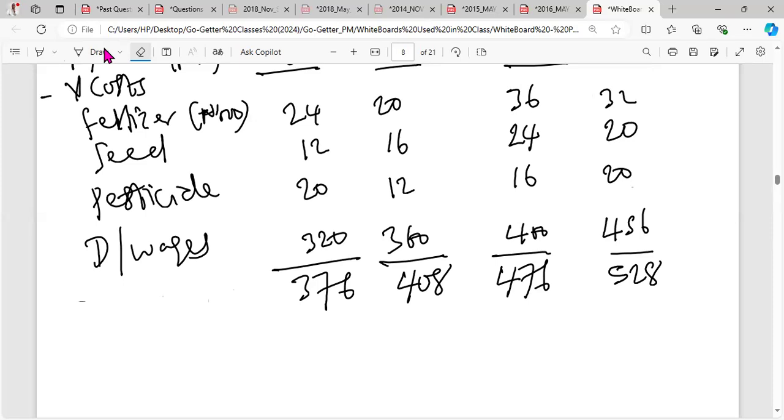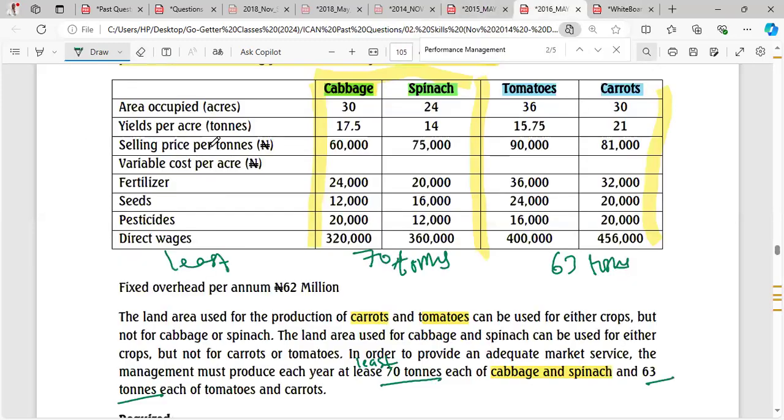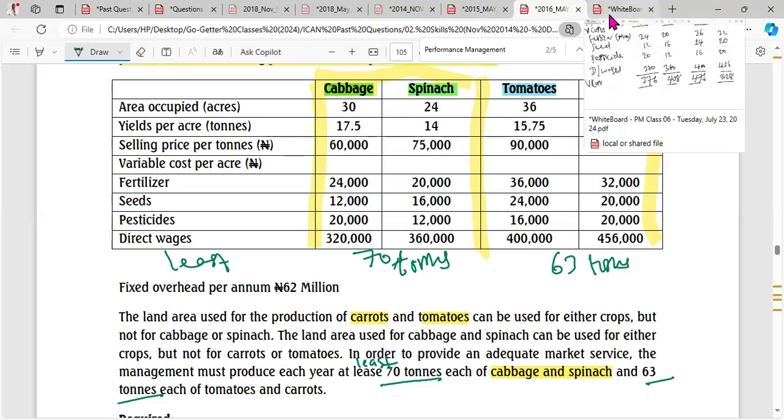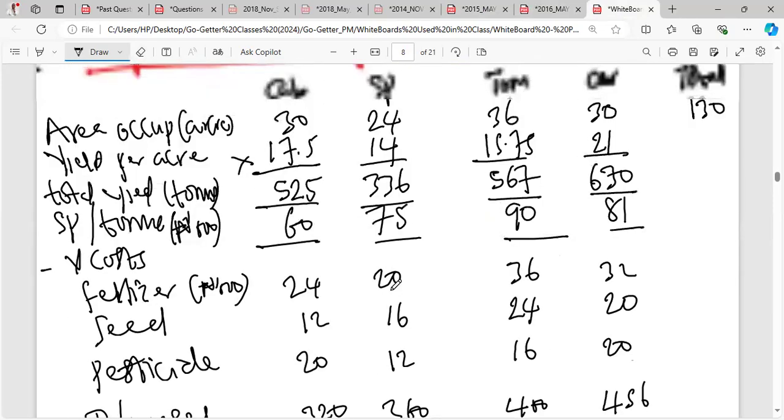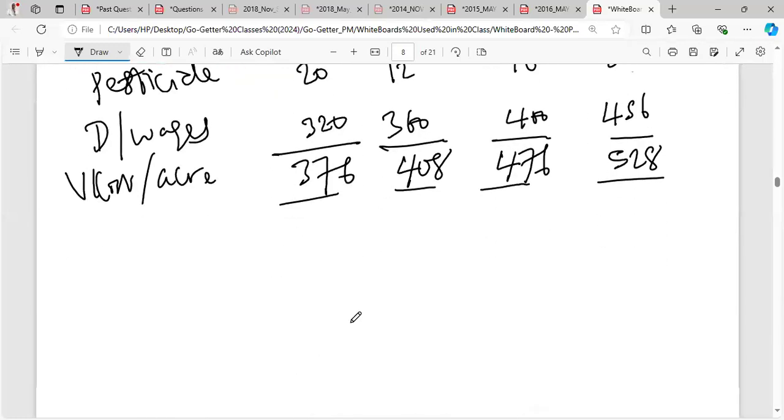Okay, so this is our variable costs per acre. Variable cost per acre. So now let's do something here.